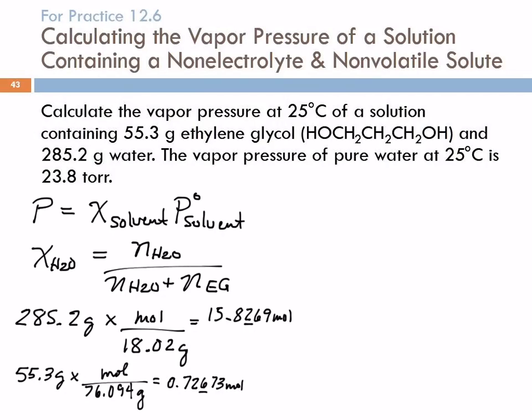So we'll plug the number of moles into our equation for the mole fraction. And then in the bottom we have the sum of the two, plus 0.72673.